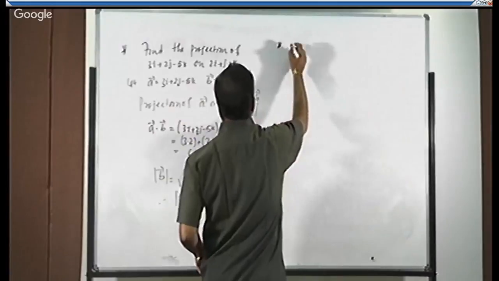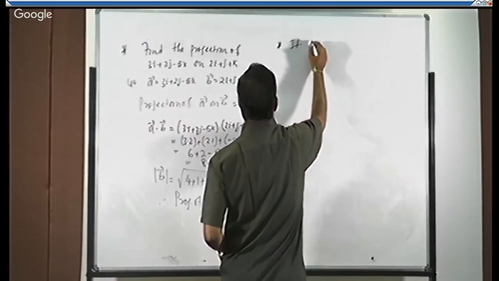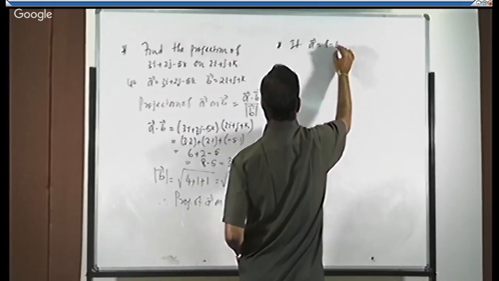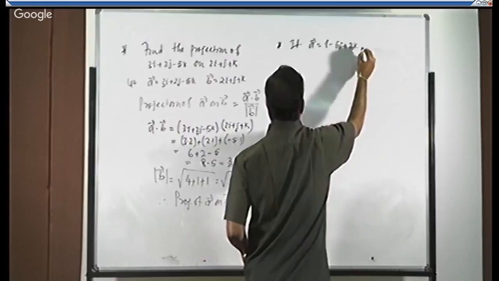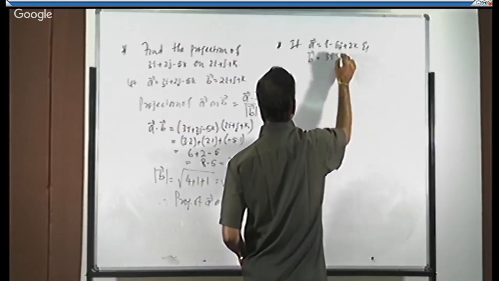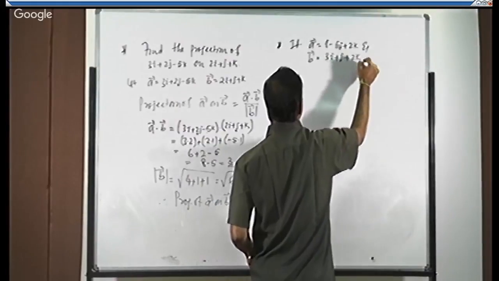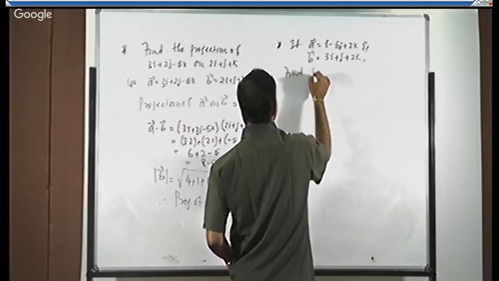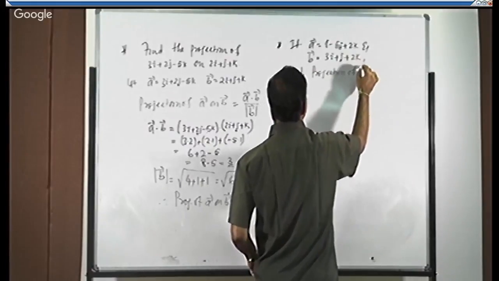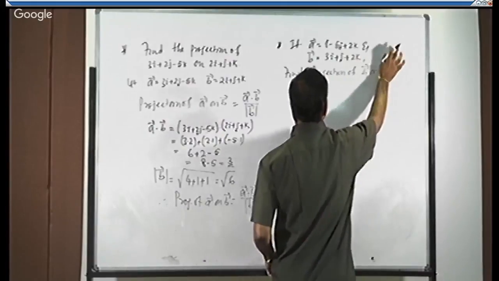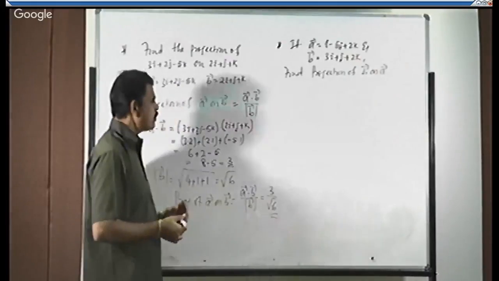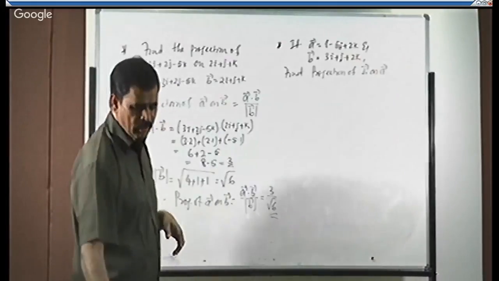Next problem. If A is equal to i minus 5j plus 2k and B is equal to 3i plus j plus 2k, find the projection of B on A. Projection of B on A. So we need to repeat the same procedure as the previous problem.